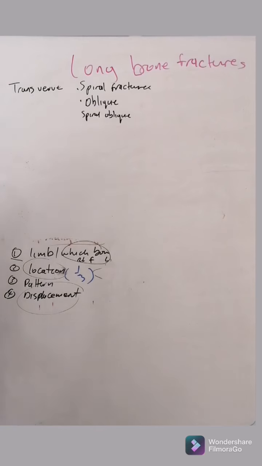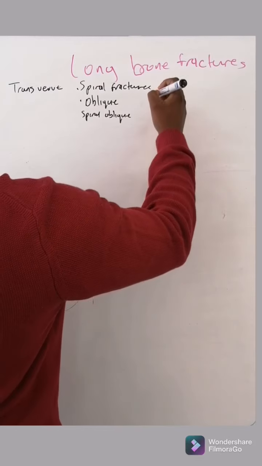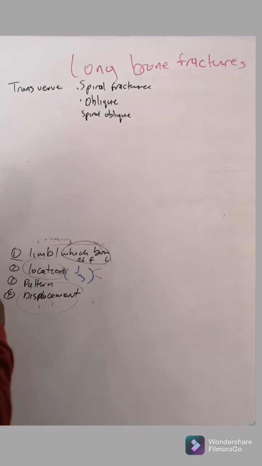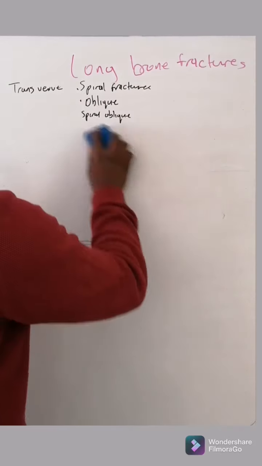Oblique fractures and spiral fractures, their mechanism of injury is usually twisting.